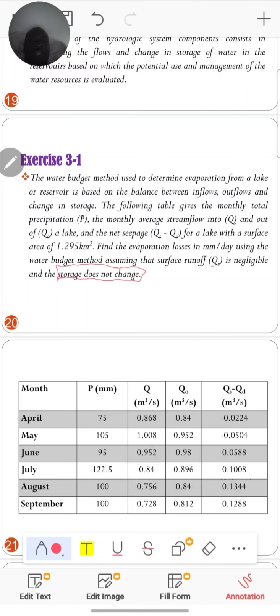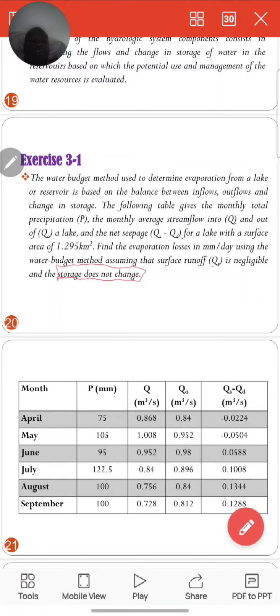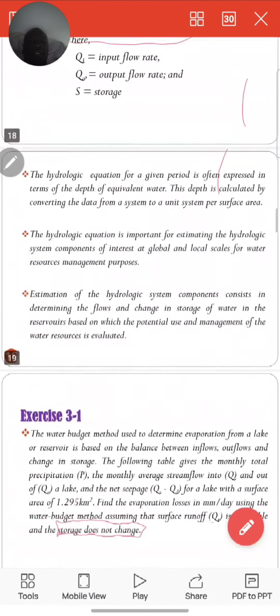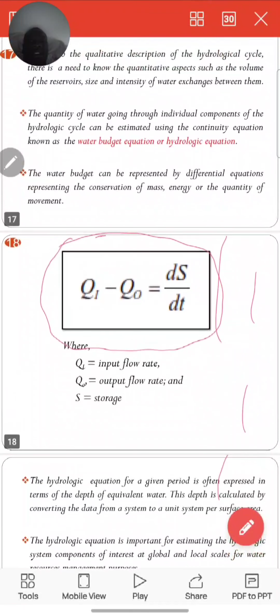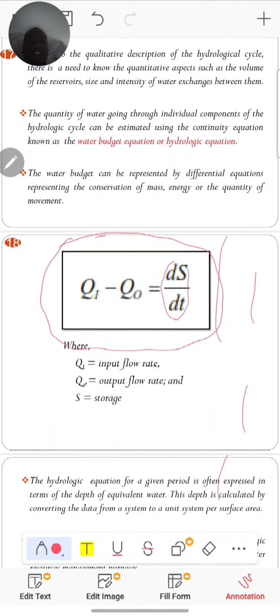so now what does that mean before you even start solving? Okay, here, if the storage does not change, then automatically this whole thing here is equal to 0. Then what does that mean?